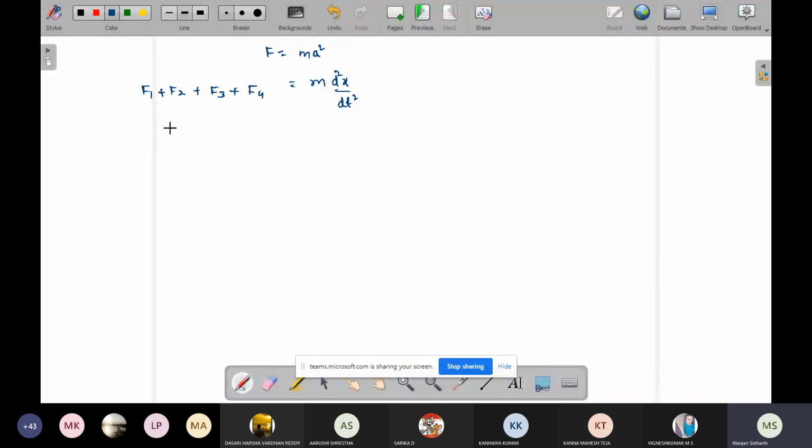F1 was, if you remember, mg, then the restoring force F2 was equal to minus kx minus mg, then the resisting force was equal to a dx by dt, and F4 is F(t), some function of t, some force.